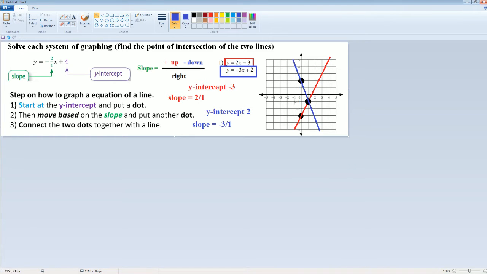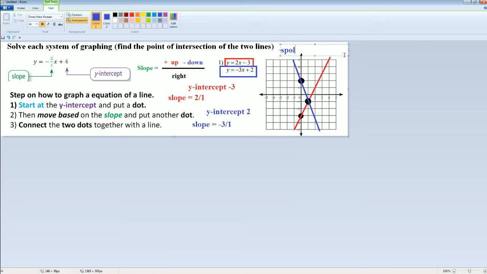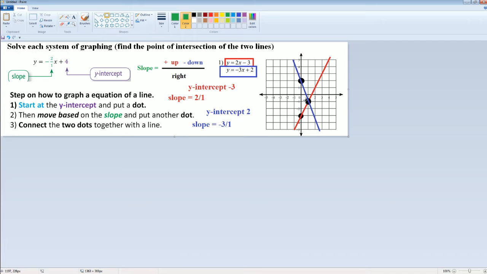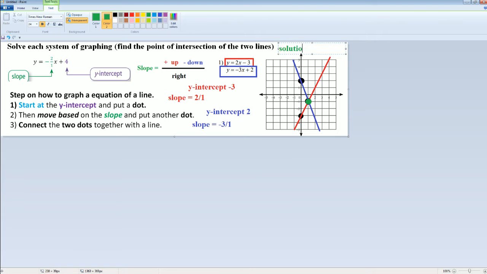Here, this intersection, we call that the solution. Let's make that green. So we call the solution the intersection.